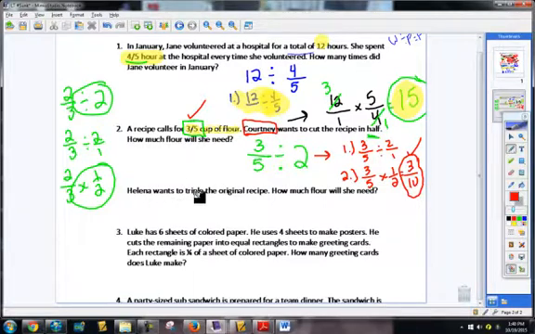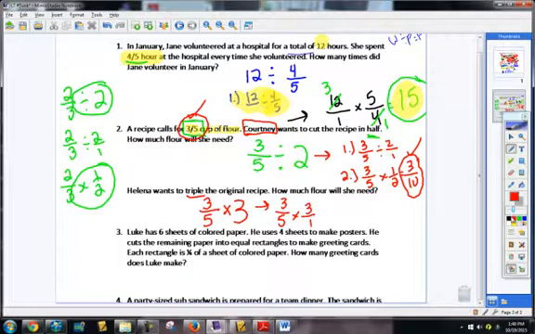Now, Helena wants to triple the recipe. How much flour will she need? Well, this one is slightly different. This is why you can't get in the habit of constantly dividing every time, because this really isn't division. This is saying that's how much the original recipe called for. She wants to triple it, which means times 3. So I would just do 3/5 times 3 over 1.